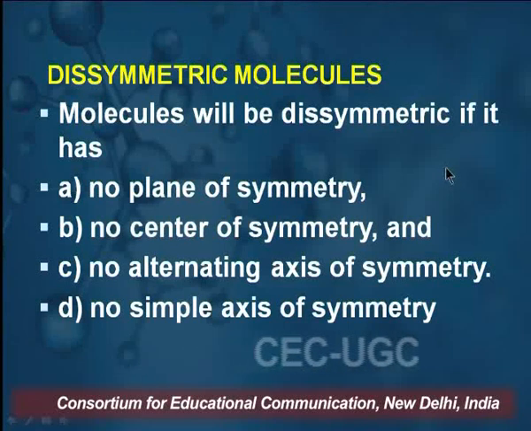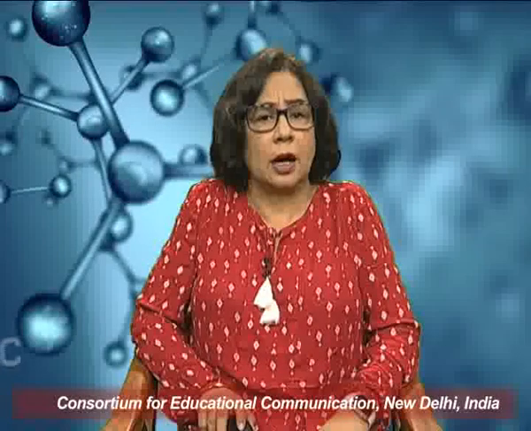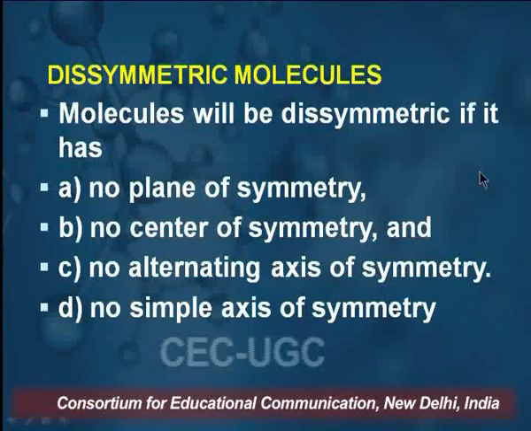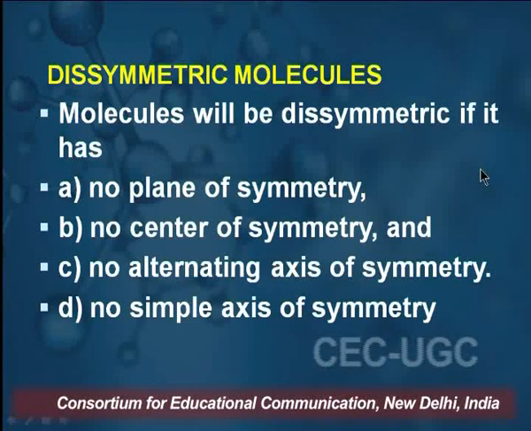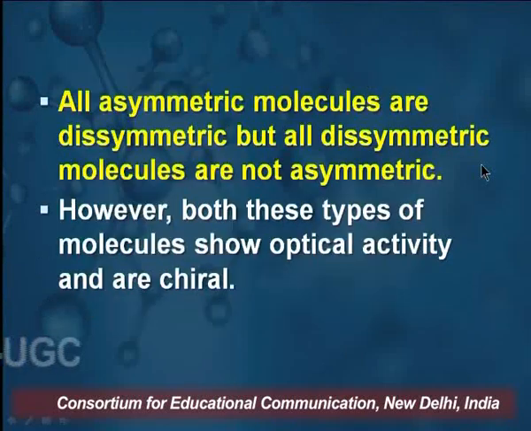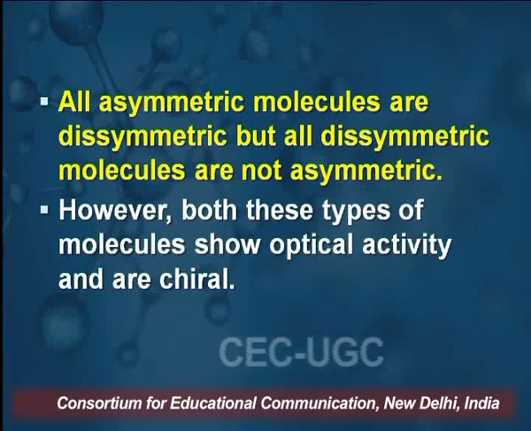But now if the molecule has 2 or more chiral carbons, then it should not have a plane of symmetry, center of symmetry, alternating axis of symmetry or simple axis of symmetry. Then only the molecule will be optically active.